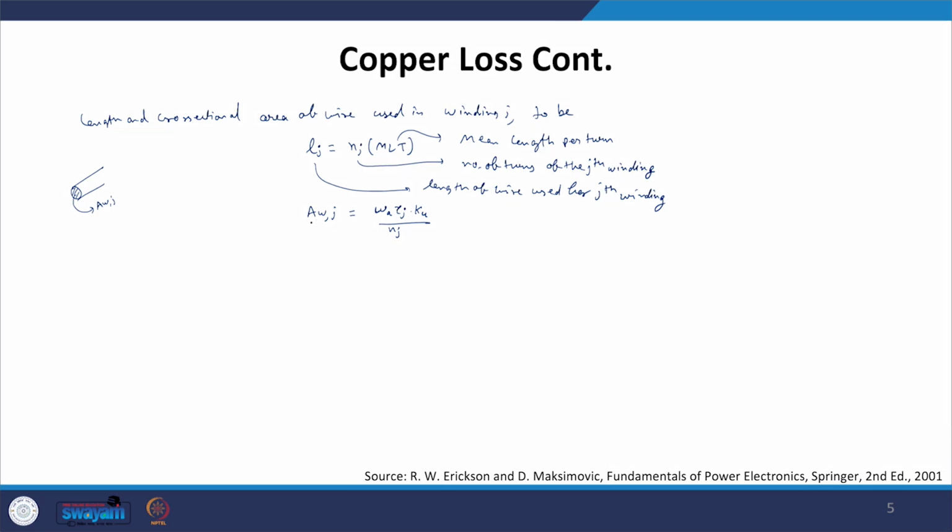So, we can say that this is the area of cross section of the wire in jth winding.